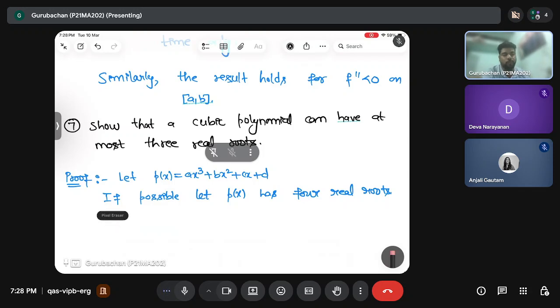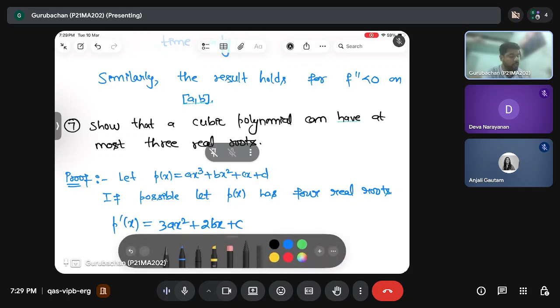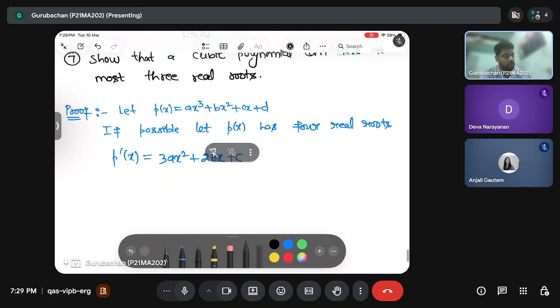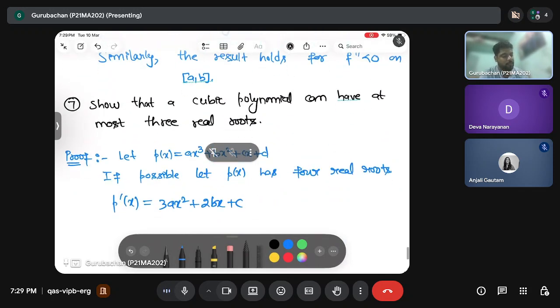Since Px is a polynomial, P will be differentiable and P dash x will be 3ax square plus 2bx plus c. Now we want to claim that it has at most three roots. Before that, there is one thing we missed out in the previous question. Let us first complete that.